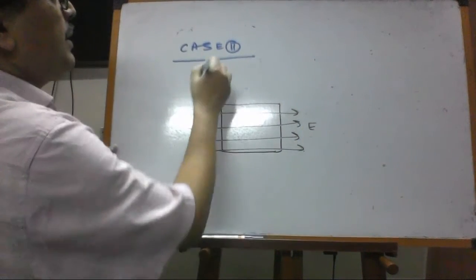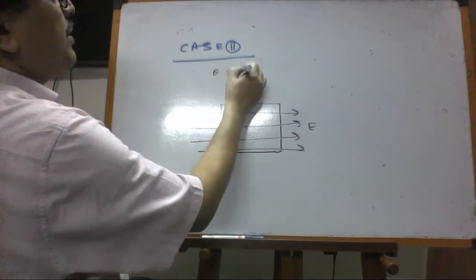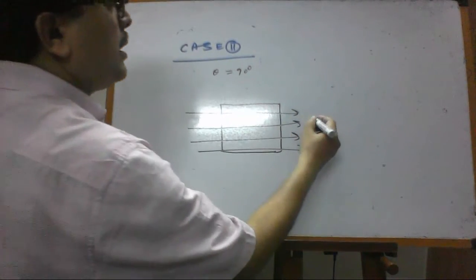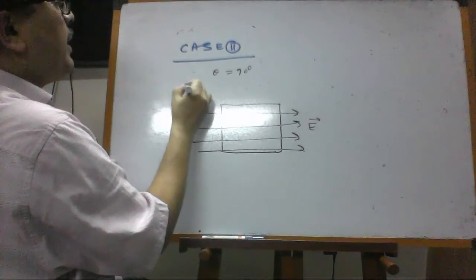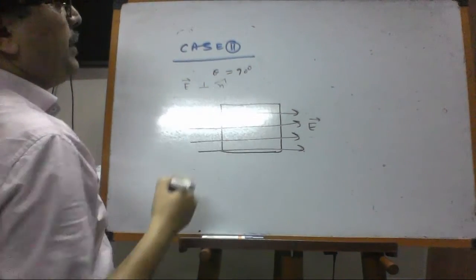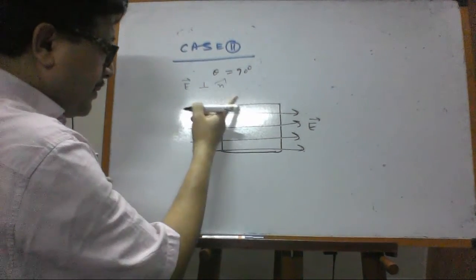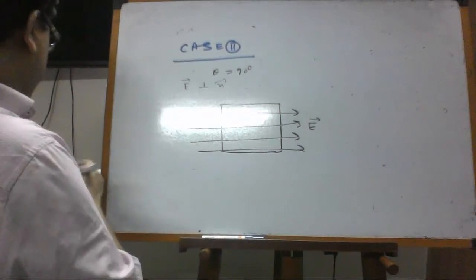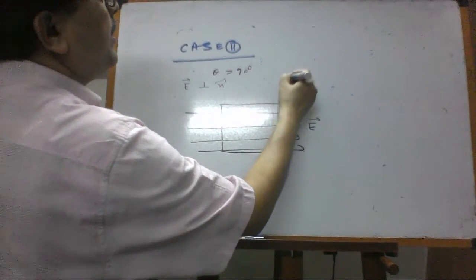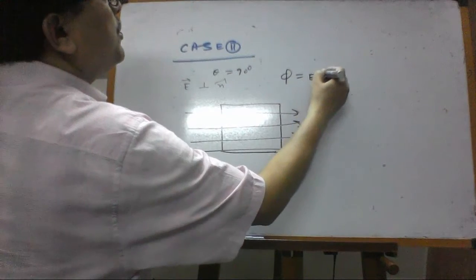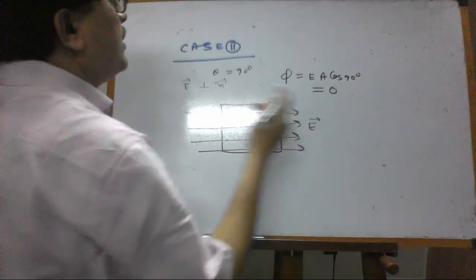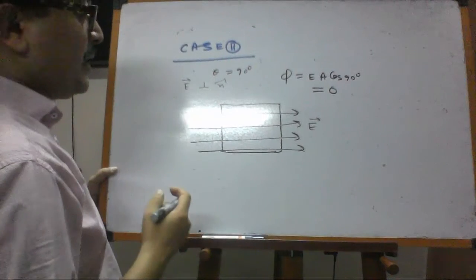So this is the case when theta equals 90 degree. E and n cap are perpendicular to each other. So this time flux through the surface is going to be phi equal to E A cos 90 degree. This is equal to 0. Okay.